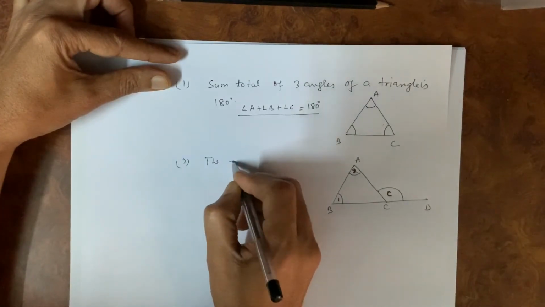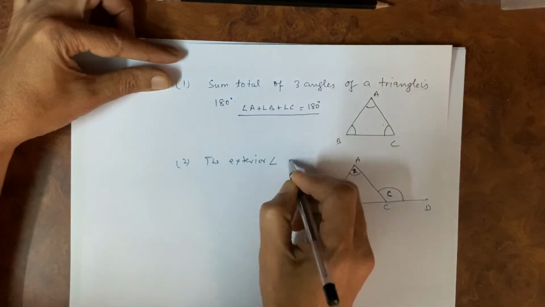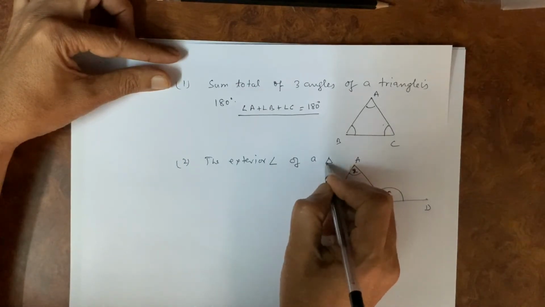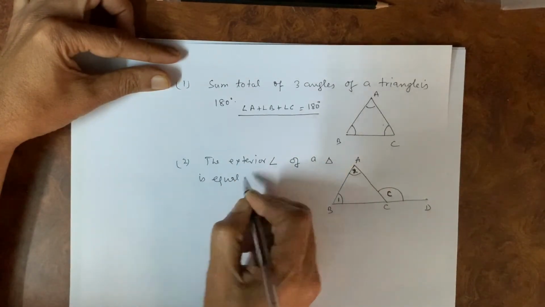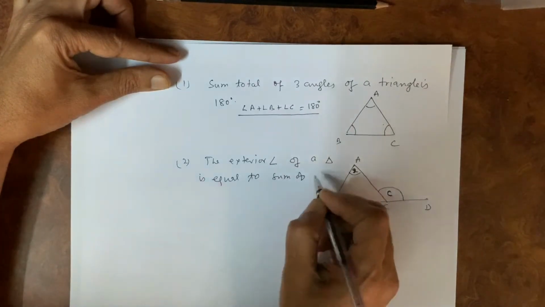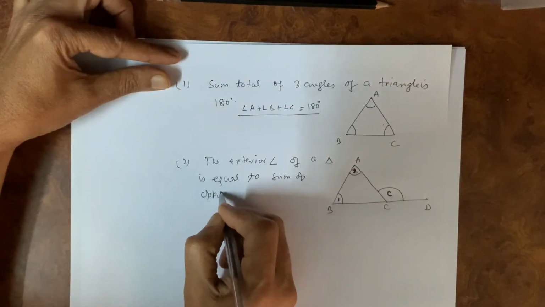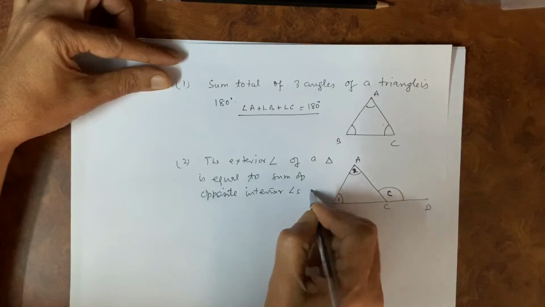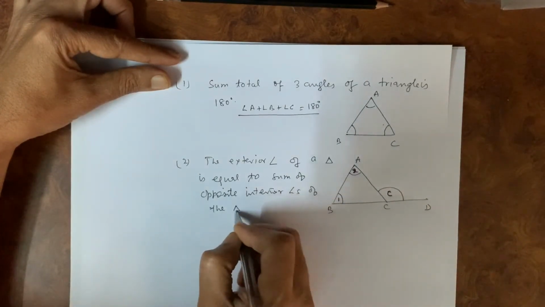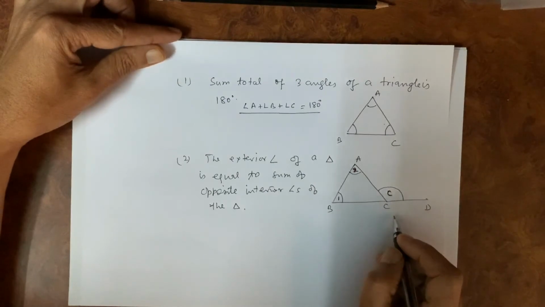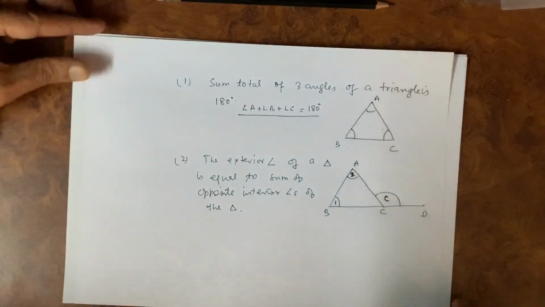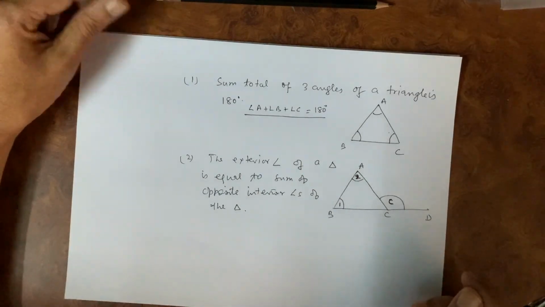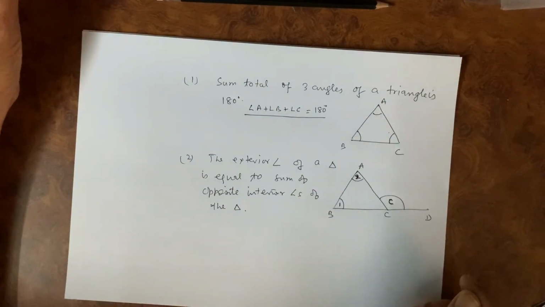The exterior angle of a triangle is equal to the sum of opposite interior angles of the triangle. This is the second theorem. I will prove these theorems and shall do some of the questions based on these theorems in our next video.